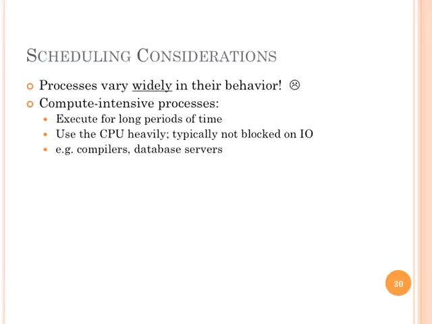So processes do vary widely. We have general categories or behavioral patterns that we describe these as. We have compute-intensive processes, which basically just want to sit on the processor and talk to memory and do computations with the ALUs. That's all we care about. The examples that I have here are horrible examples. Database servers do a lot of I/O, in fact.